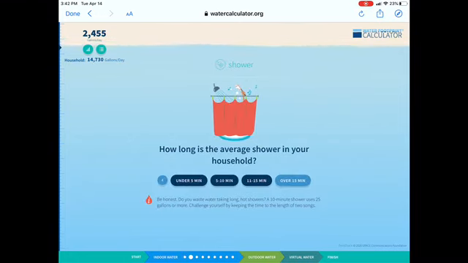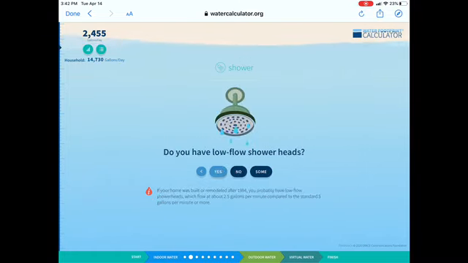How long is the average shower in your household? For my family, it's over 15 minutes per person, and everyone showers every day. Do you have low flow shower heads? Those are the shower heads that kind of hang down.